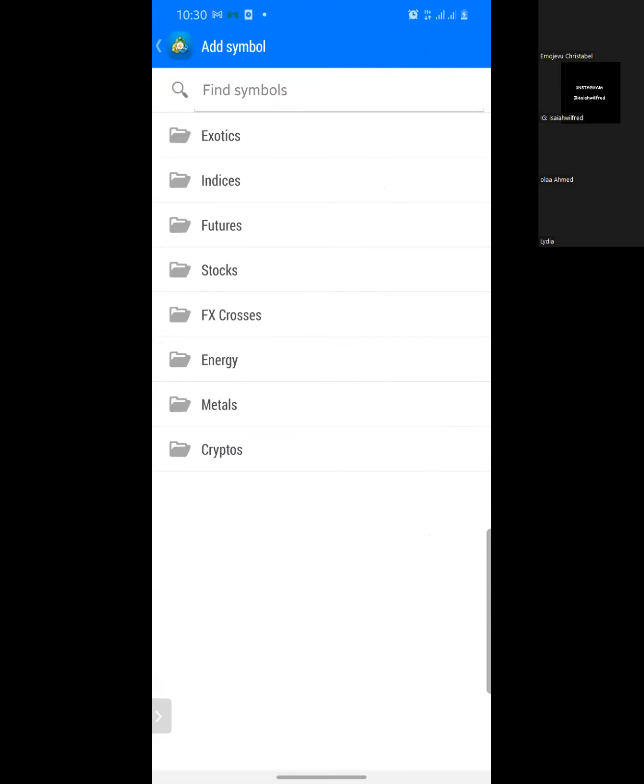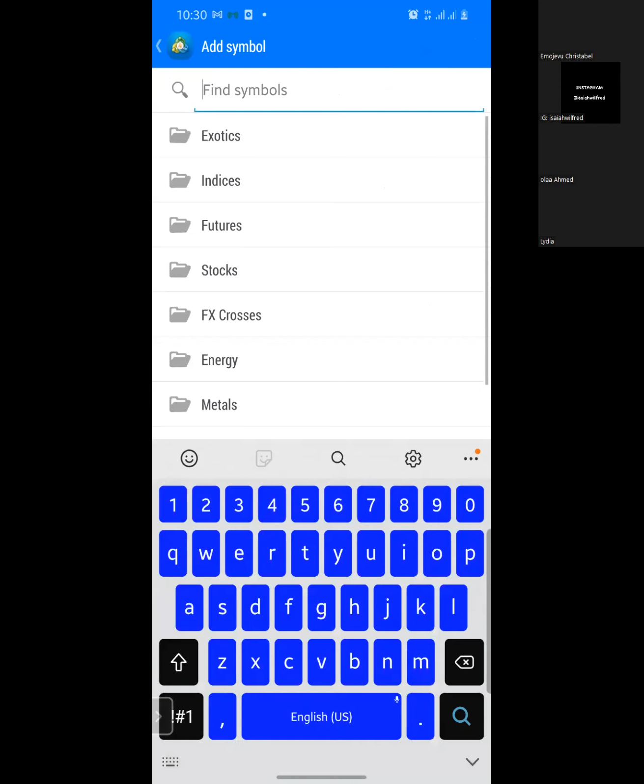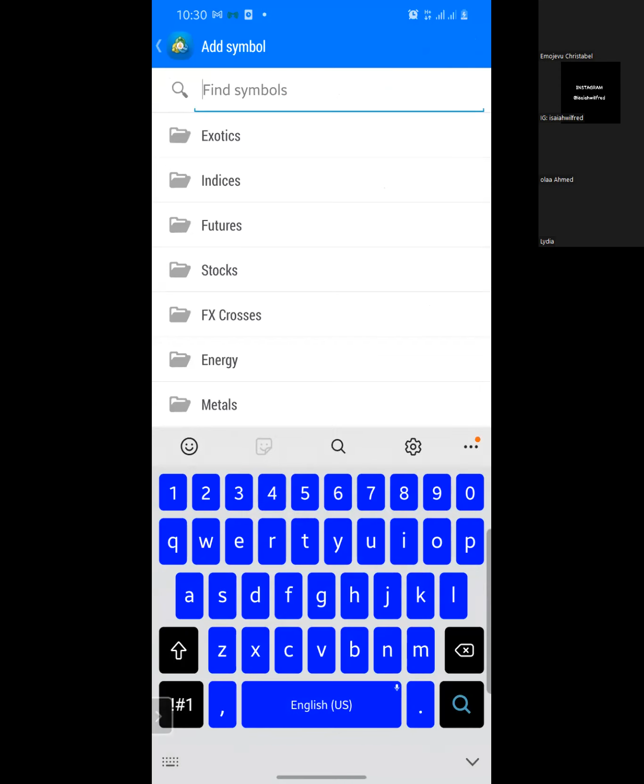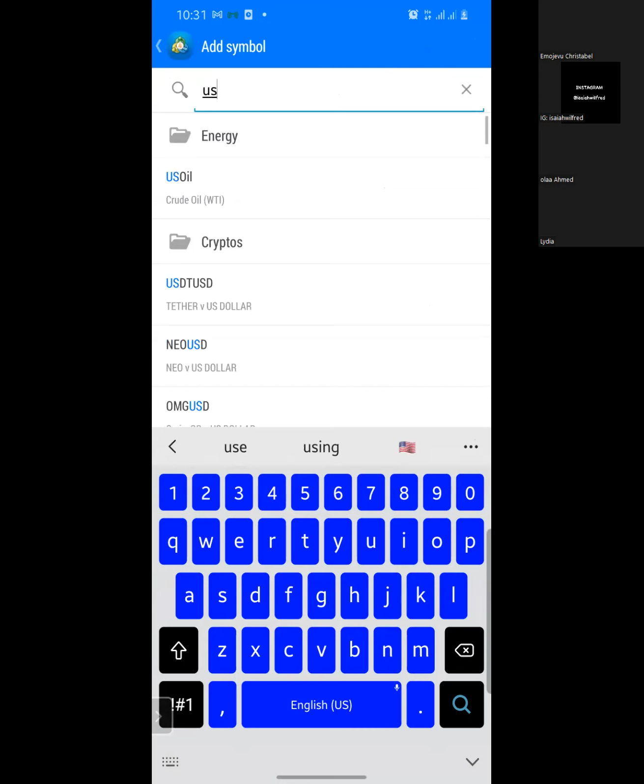US oil belongs to the energy category, but you can also type it where it says find symbols. Once you find it, select it and click on it.